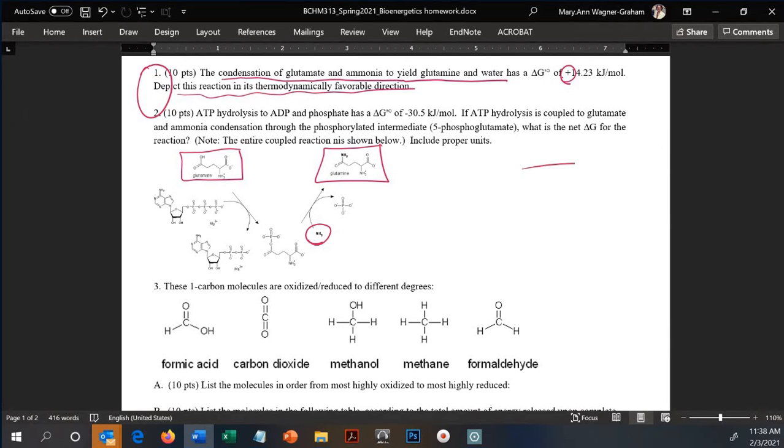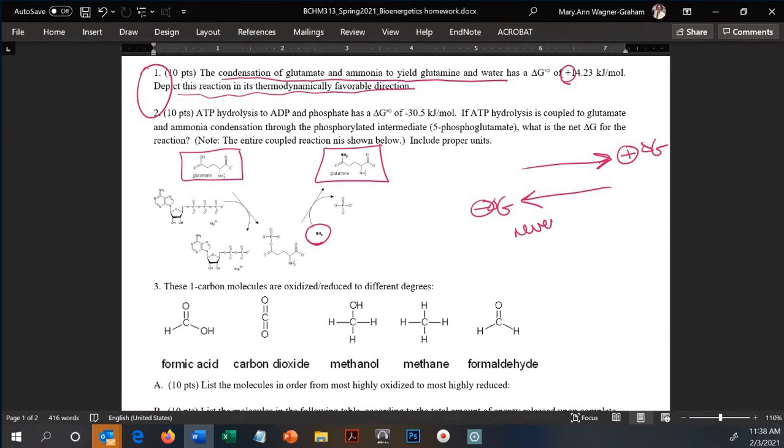If in this direction that a reaction runs we have a positive delta G, and we run the reaction in the opposite direction, we will have a delta G of same magnitude, opposite sign.